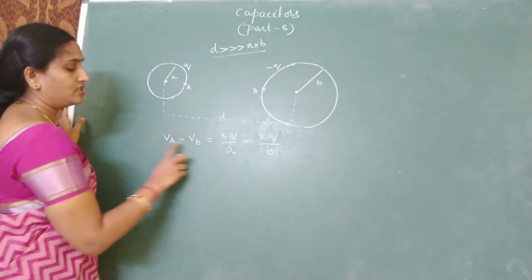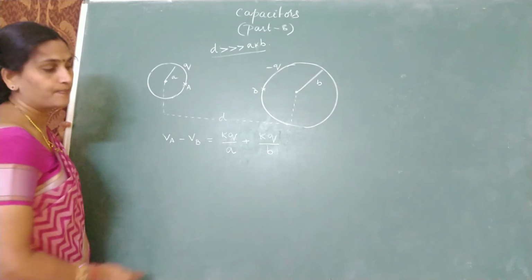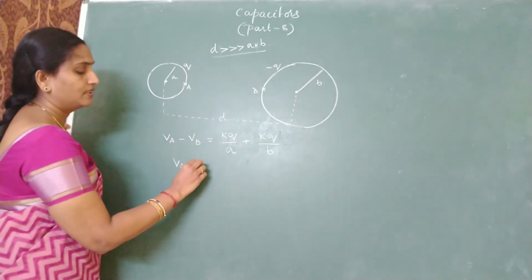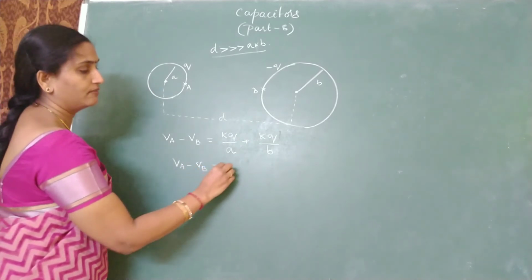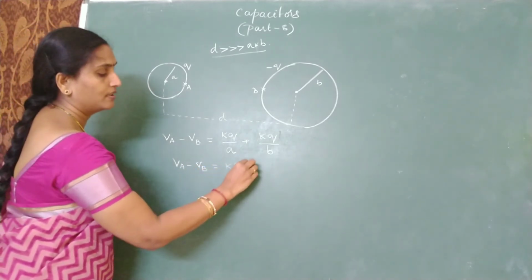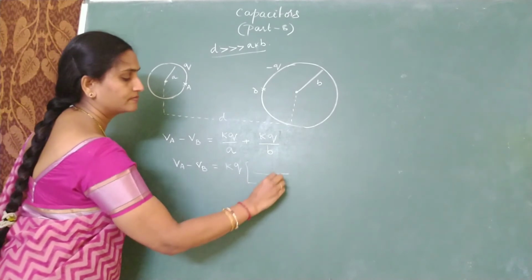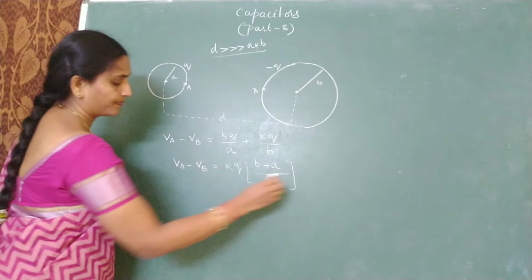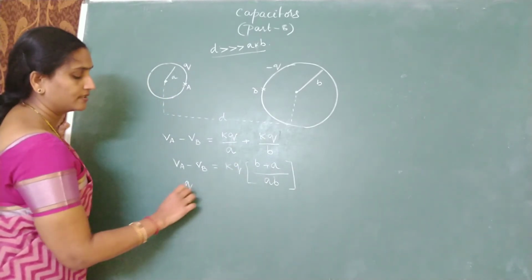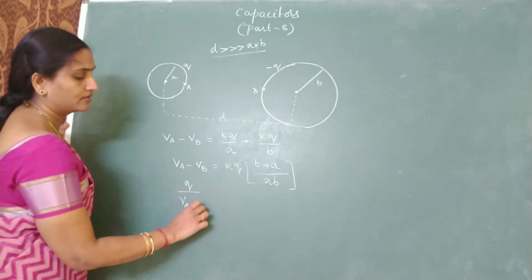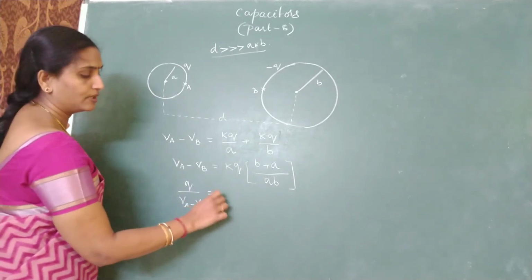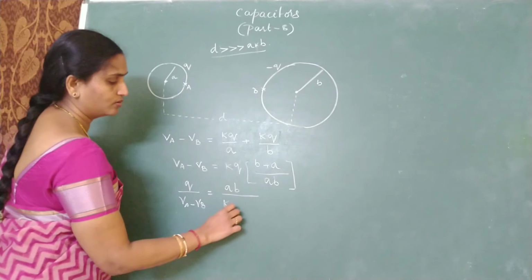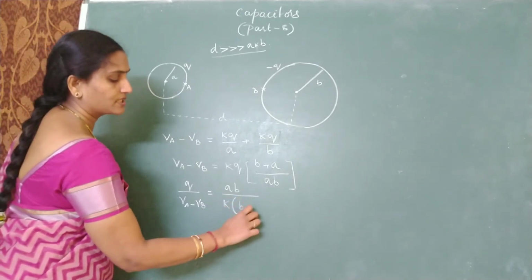So we have the potential difference between A and B. Simplify it: VA minus VB will be KQ, take out common, take LCM, AB, B plus A, so Q by VA minus VB will be AB by K into B plus A.